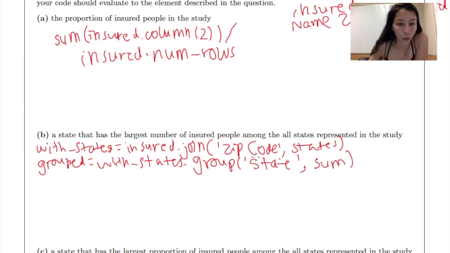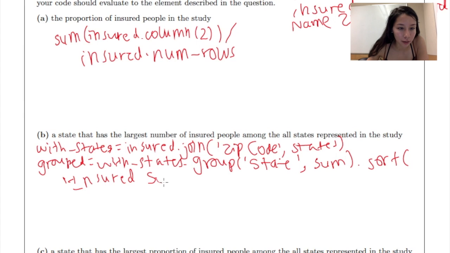Okay, and now that we have this table, which is grouped by the states, we want to be looking at the states that have the most people insured. So we want to do sort by insured sum. Sorry for my horrible handwriting. Okay, so insured sum is going to be this column with everything summed up based on the state. Oh, and we also want to make sure that's descending since we're looking for the biggest one.